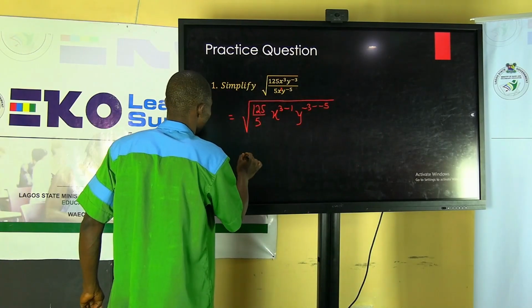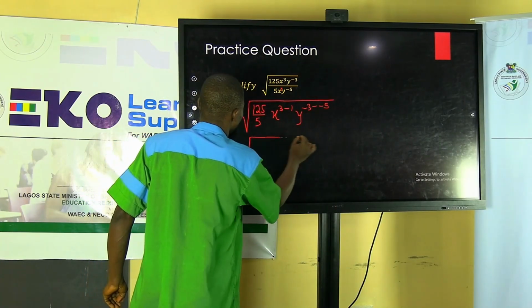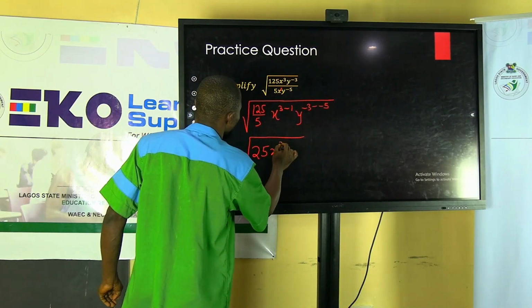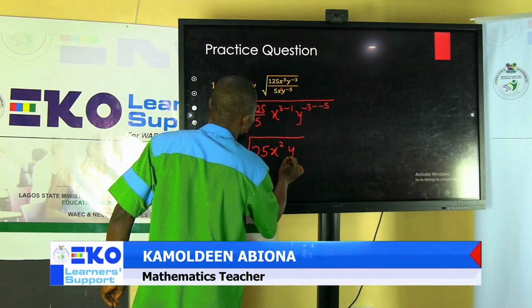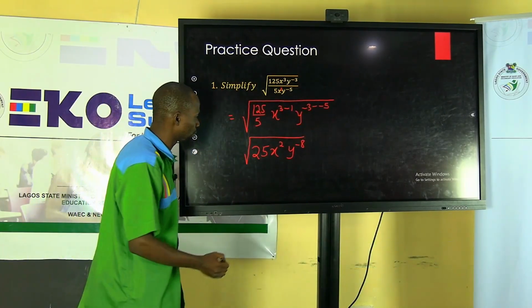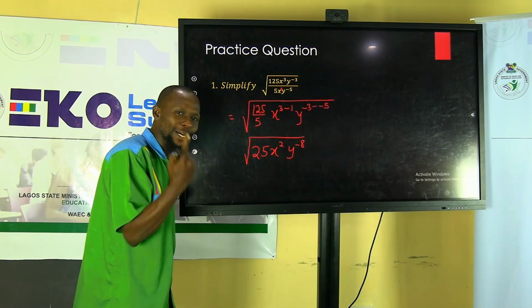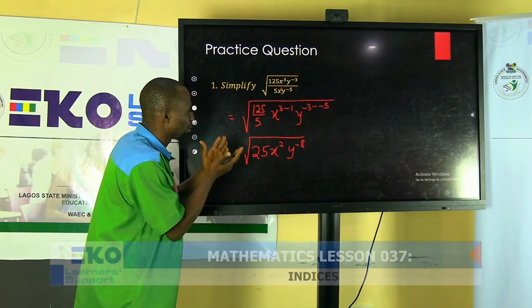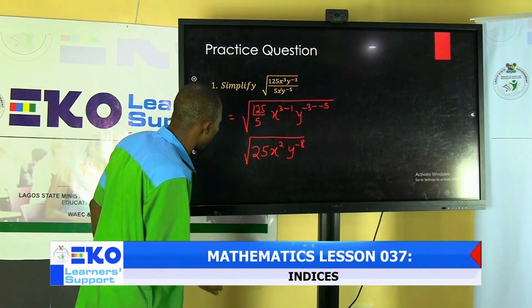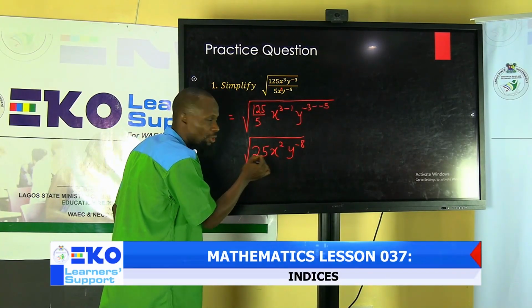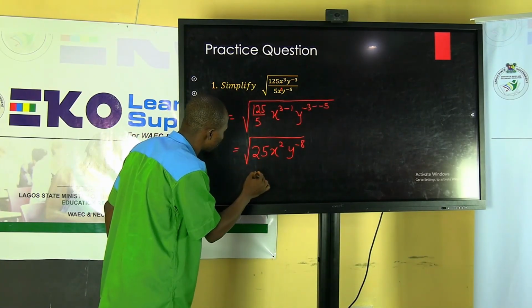And that is square root of 25, x raised to power 2, y raised to power minus 8. Don't forget, this is a square root. And according to the rule on the root, that is rule number 4, the square root of 25 is 5.